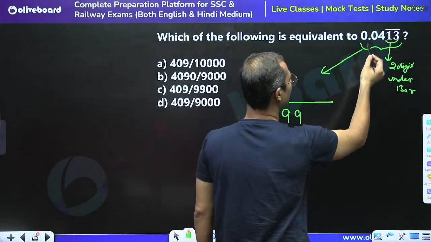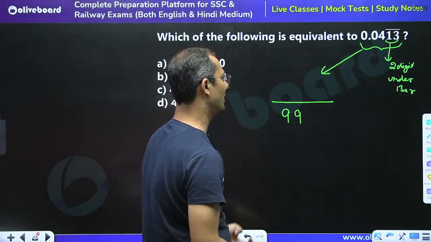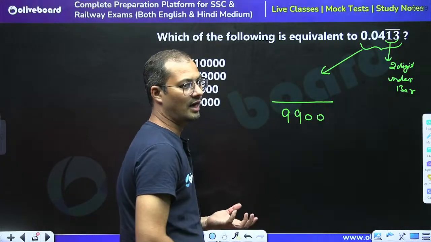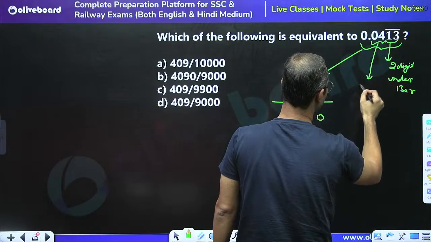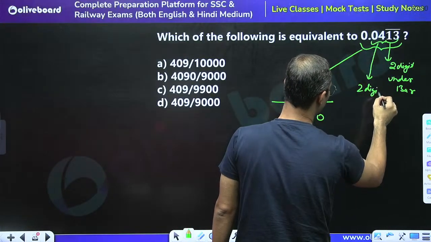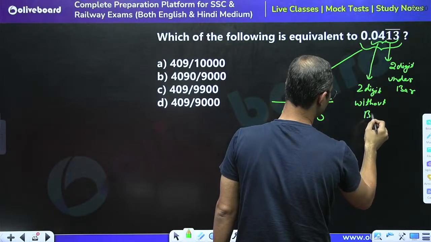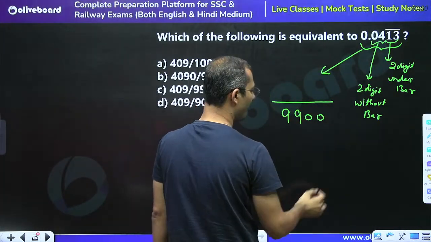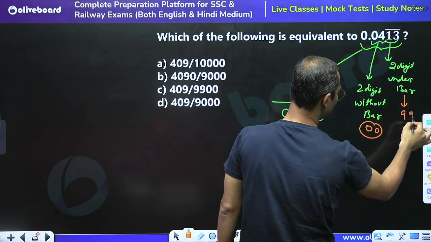The number of digits without bar after decimal. So we have only 2 digits without bar after decimal. So for numbers which are not having bar, we are going to take zeros, and for this we are going to take 9s, right?